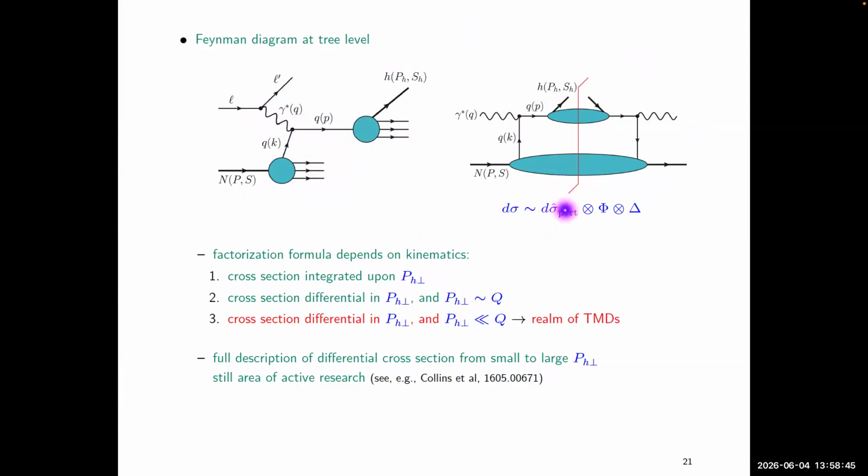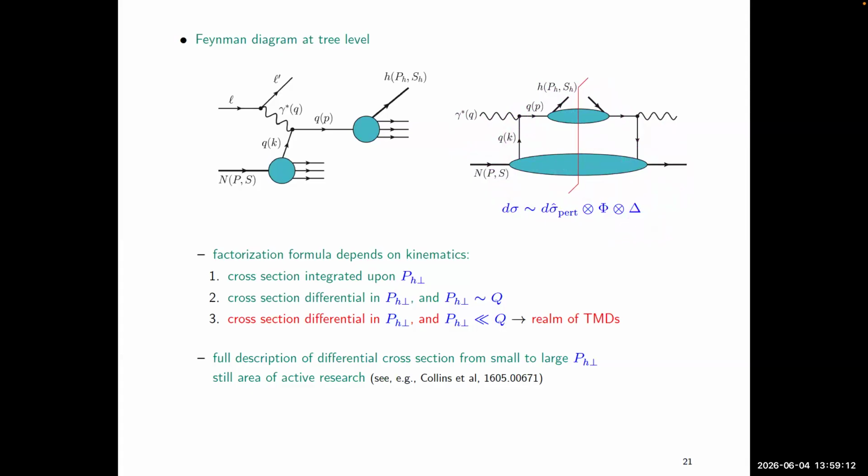It has a perturbative part, which is like before, the lepton is not shown yet, but it's a lepton-quark interaction. Then this lower part here is our quark correlator that we have seen several times now, this Phi. And then we have another non-perturbative object, the upper part here, describing the fragmentation of a parton into a hadron. And often people denote this correlator Delta.